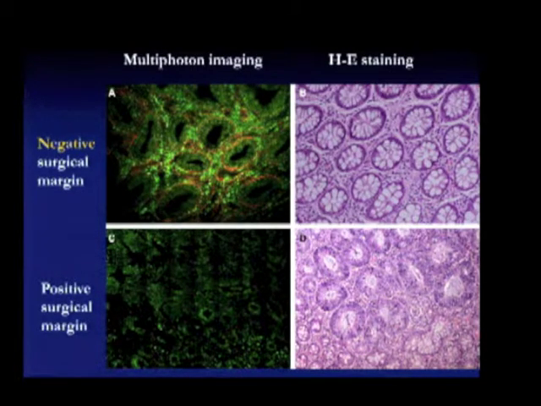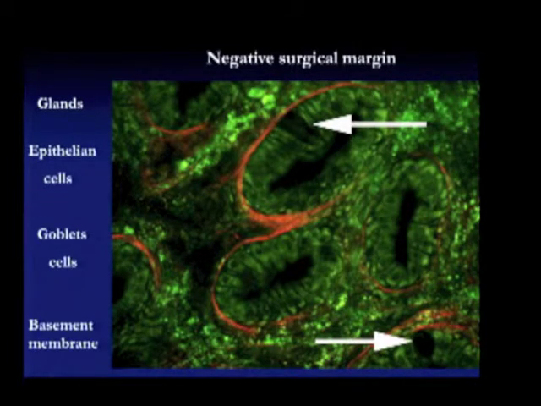Okay, this multiphoton imaging shows a negative surgical margin with regular architecture and cell morphology. And the positive shows abnormal structure. We can see the big picture here. In negative surgical margin, we can see the glands. And here is the epithelial cell, and this is a goblet cell, white ellipse here.